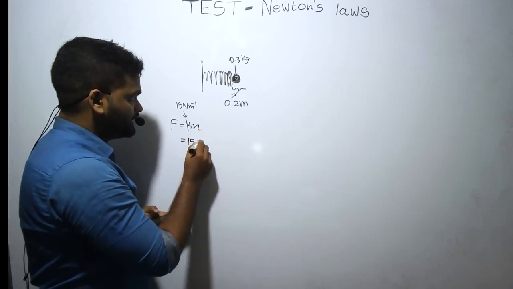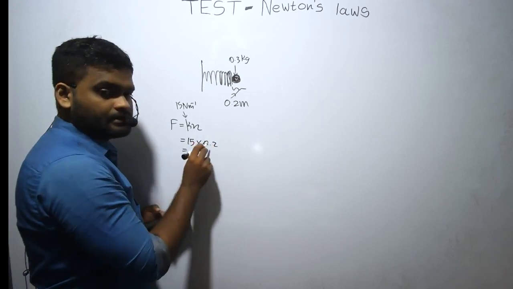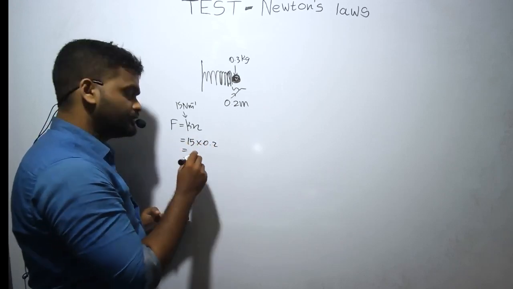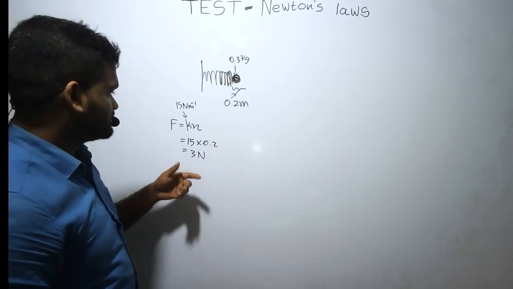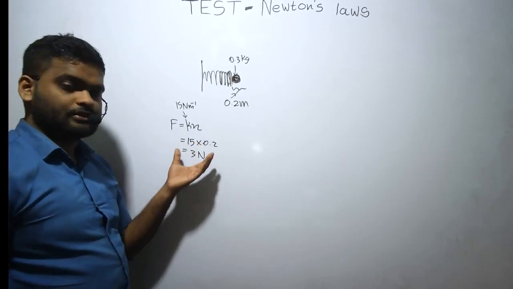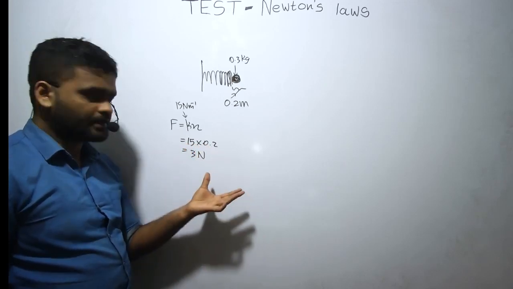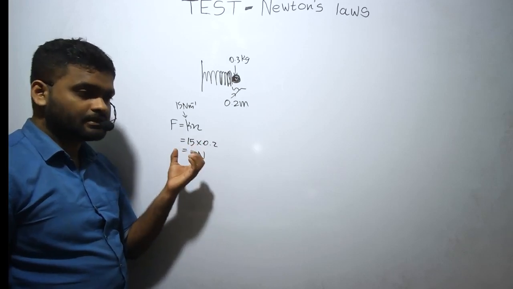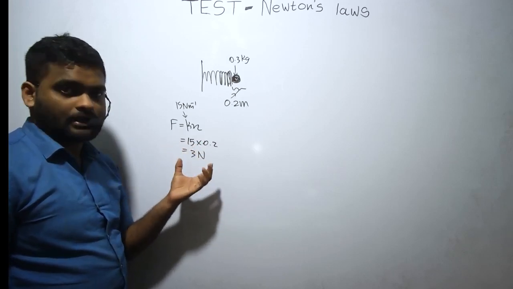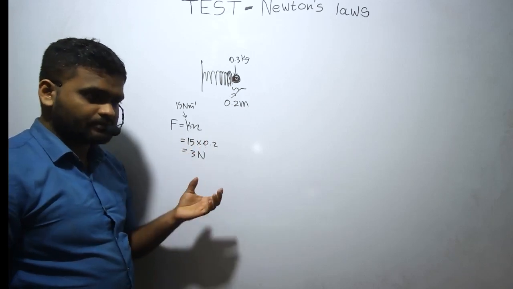So this is 15, x is 0.2. 15 times 2 is 30. There's a decimal, one point, so it should be 3. Right? There are some students who, when they take a calculation like this, do it separately, right? But you have to follow these shortcut methods when you are doing calculations. It will save time, right?